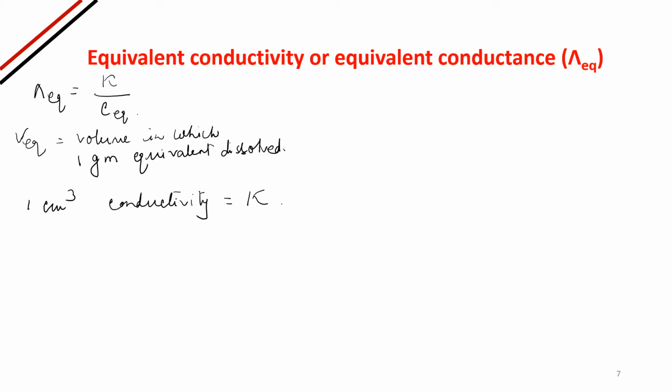Now in place of 1, if I write V centimeter cube, in V centimeter cube, the conductivity will be kappa into V. So if I am taking V equivalent centimeter cube, the conductivity will be kappa into V equivalence.